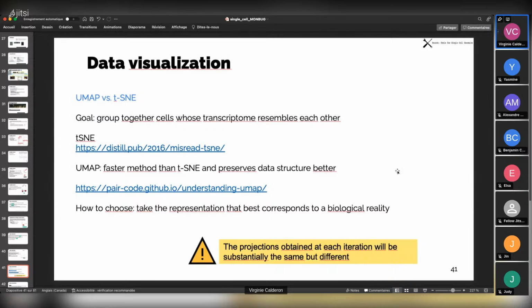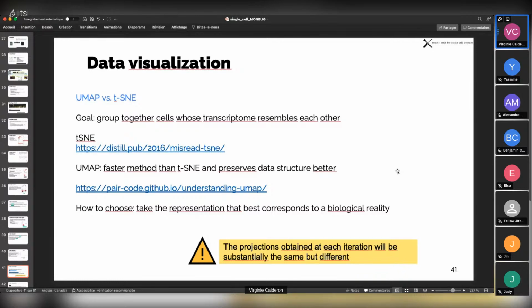But as a service, we are still producing the two representations, and we always ask the biologist which representation makes more sense to them, depending on how you know your condition, your experiments, your samples, because for us as bioinformaticians it's the same. I prefer UMAP, but sometimes the t-SNE will reflect more the biological context. So it really depends on the subject and on the data.